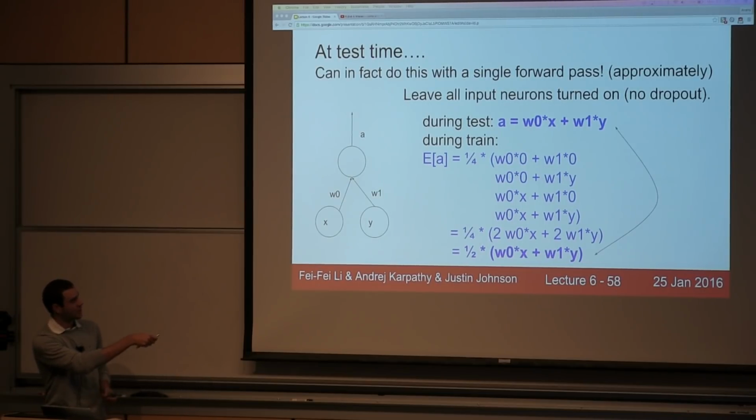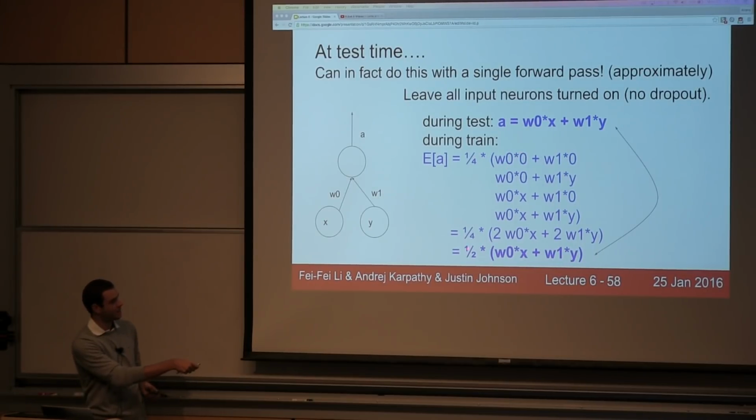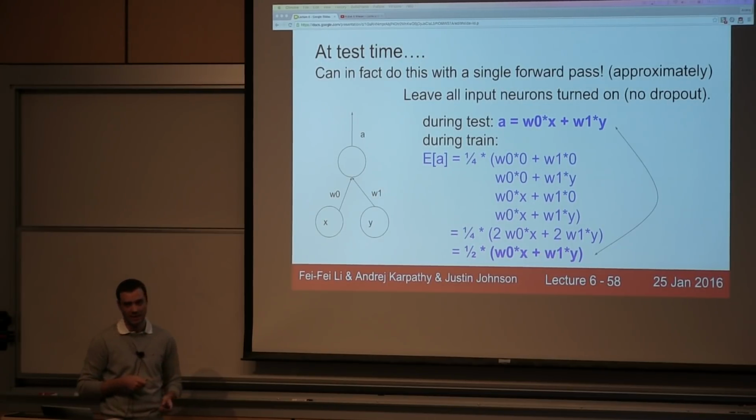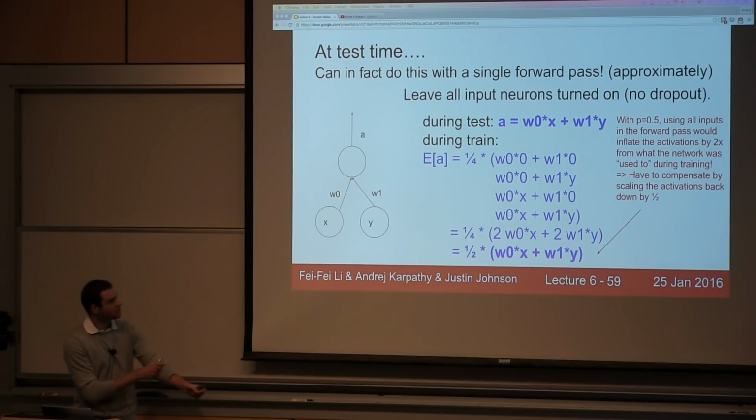So in expectation at training time, the output of this neuron was actually 1/2 of what it is at test time. And so when you want to use all the neurons at test time, you have to compensate for this additional 1/2. And that 1/2, by the way, is coming from the fact that we've dropped units with probability of 1/2. So basically, if we did not do this, then we end up having too large of an output compared to what we had in expectation during training time.